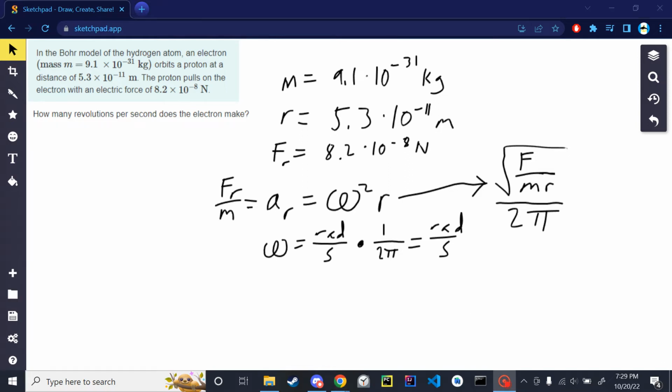Okay, I input it into my calculator wrong or something. I forgot to put a parenthesis. Oh, wrong tool.